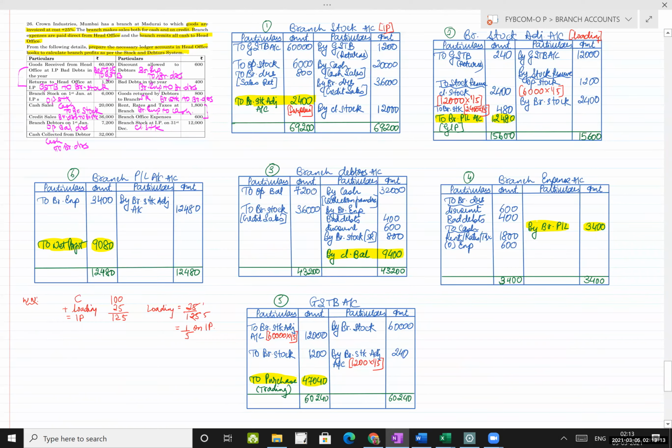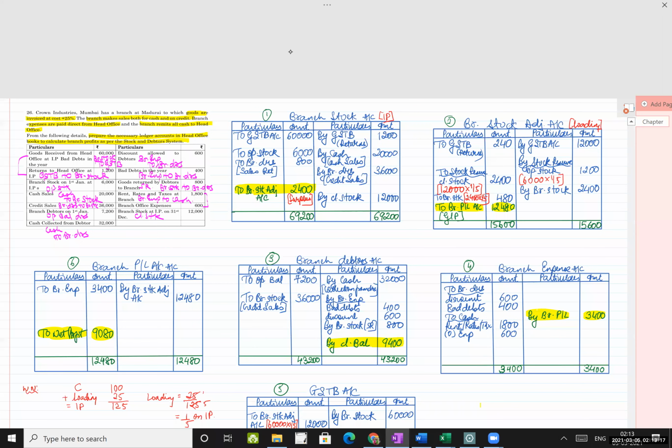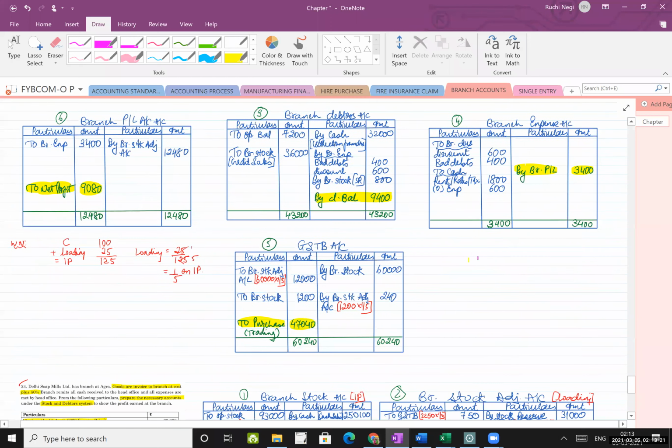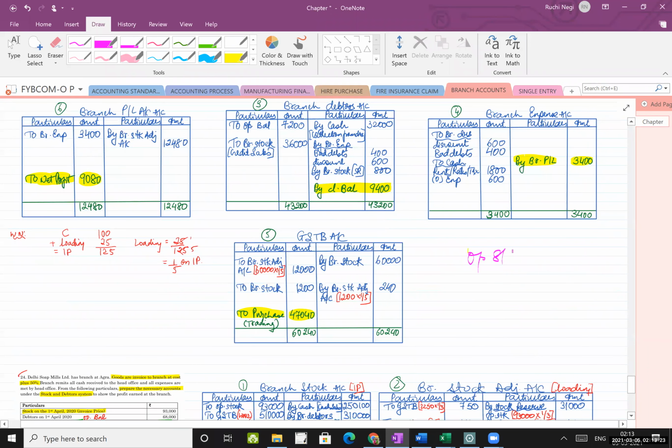Okay. तो एक चीज़ याद रखना students, just remember this for exam purpose also, that if opening stock and closing stock is given to you, then the balancing figure in branch stock will be either shortage or surplus.